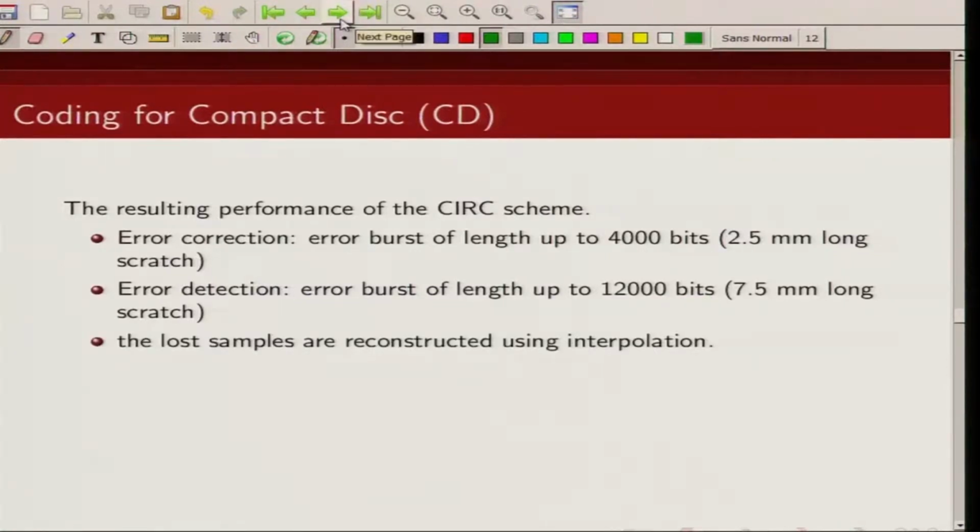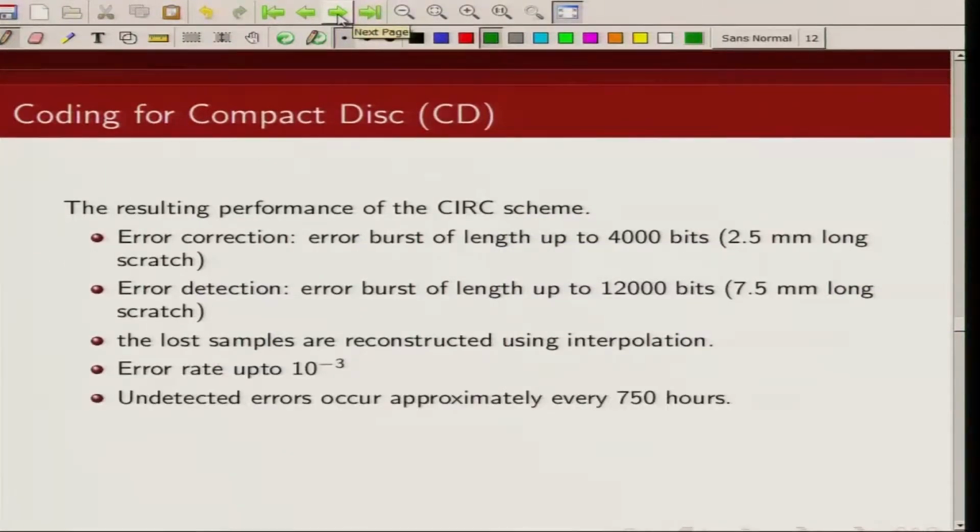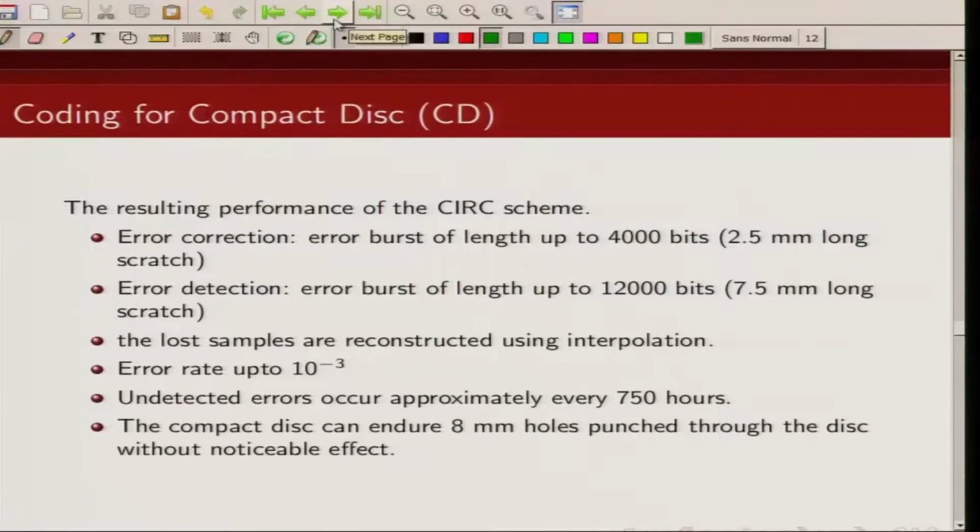And as I said, if the error burst exceeds the capability of erasure correction, then it tries to do interpolation to get back those bits. Undetected error happens very rarely, about every 750 hours or so. So very powerful error correcting codes are used in CDs.